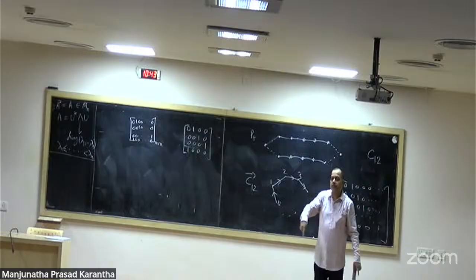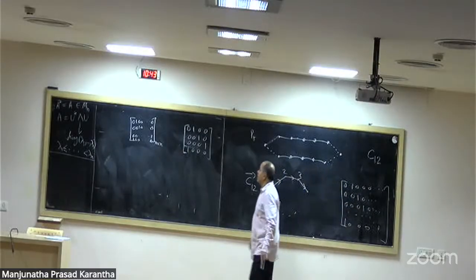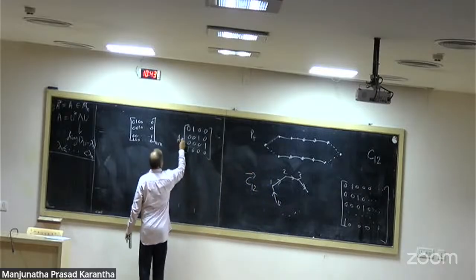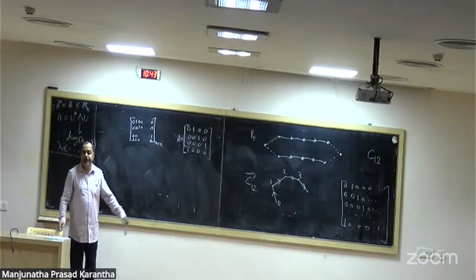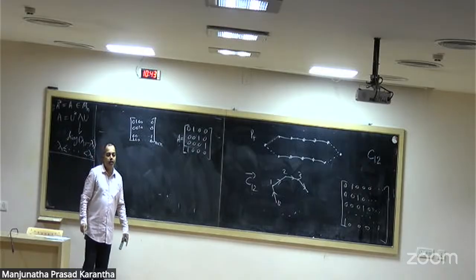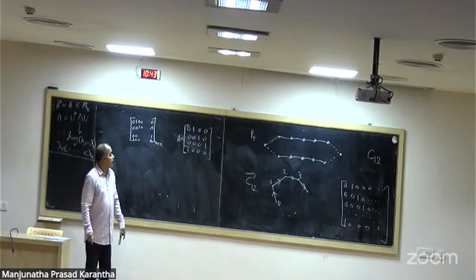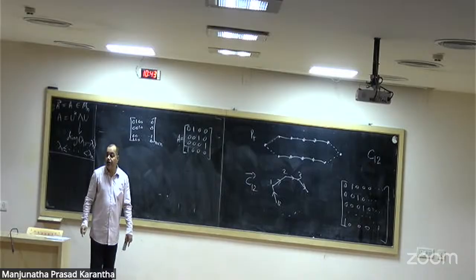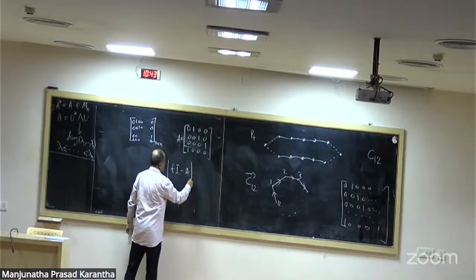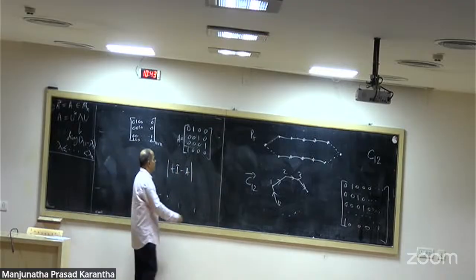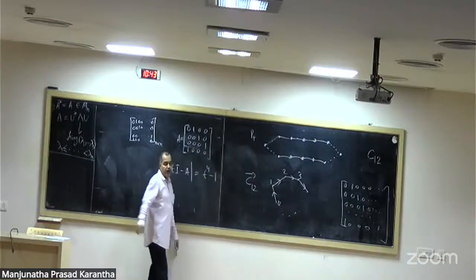So that is tI minus A. Compute the characteristic polynomial, the determinant of tI minus A. So that comes out to be t power 4 minus 1.